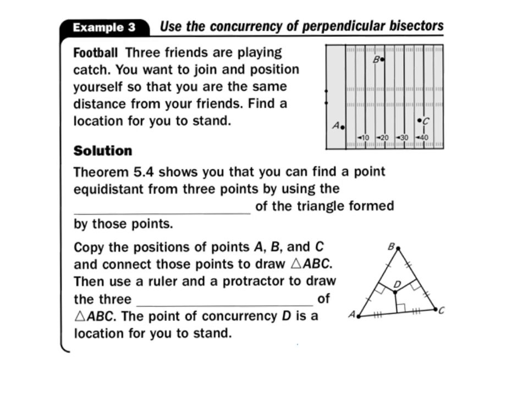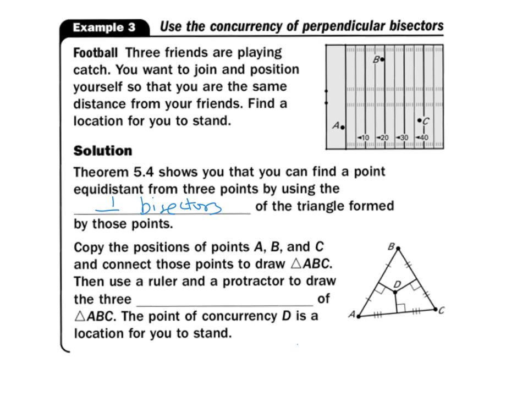Now, the concurrency of perpendicular bisectors shows you that you can find a point that's equidistant to all 3 points. So we're going to use that. If we use that, we have to use the perpendicular bisectors of the triangle formed by these points.